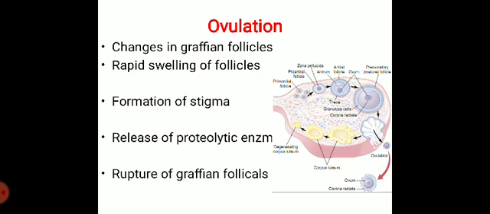Because of the swelling and thinning of the follicular wall, there occurs further weakening of the follicular wall. As soon as more stretching and enzymatic dissolution of the follicular wall occur, the stigma bursts out.